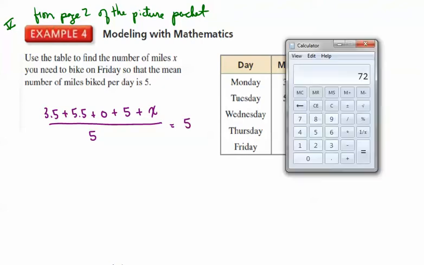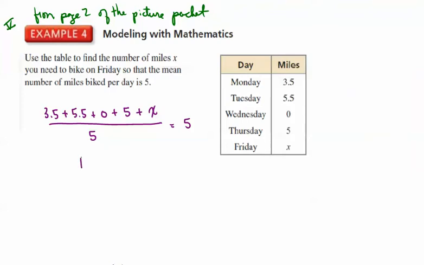So we're going to first add up our values here. 3.5 plus 5.5 plus 0 plus 5 gives us 14 for the 4 days that have already passed.